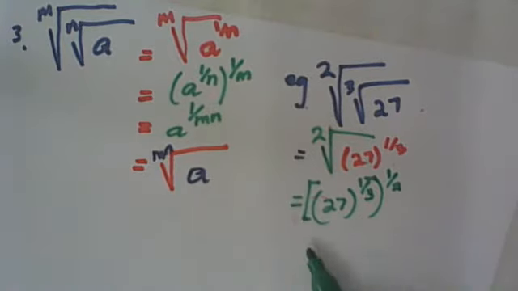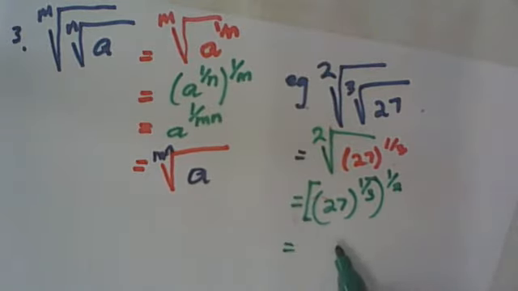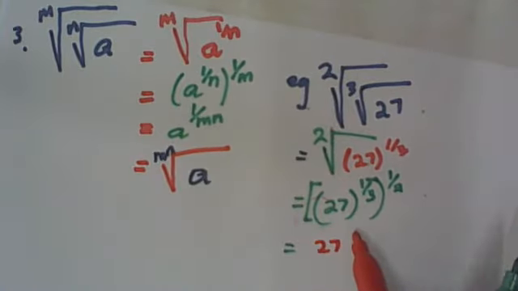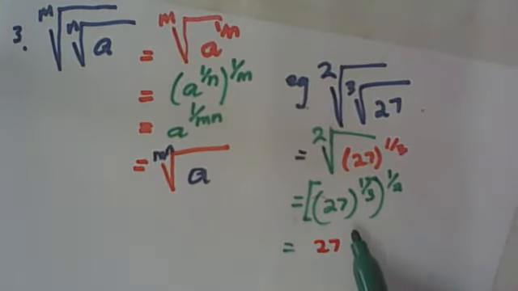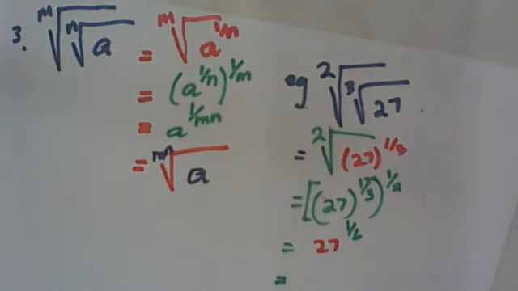Now you multiply the 3 and the 2, that is 1 over 6. You will be having 27 to the power 1 over 6, and this should be written as the sixth root of 27.